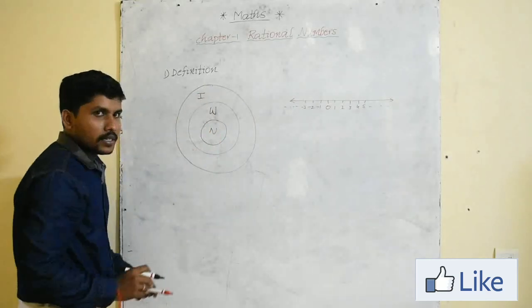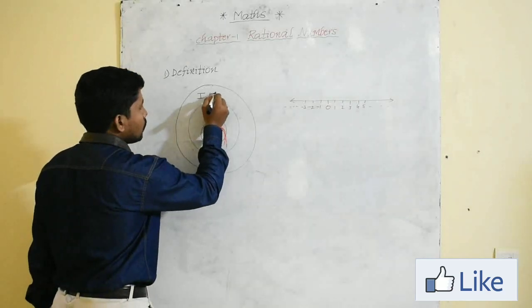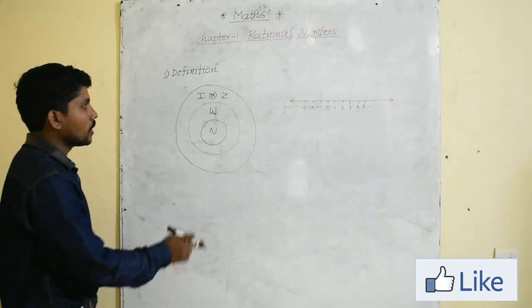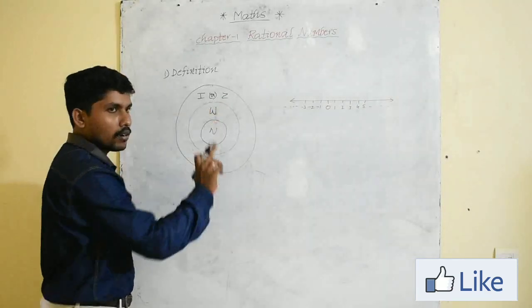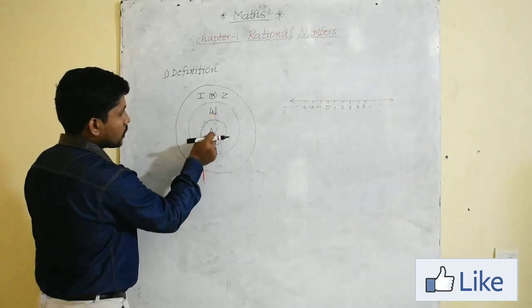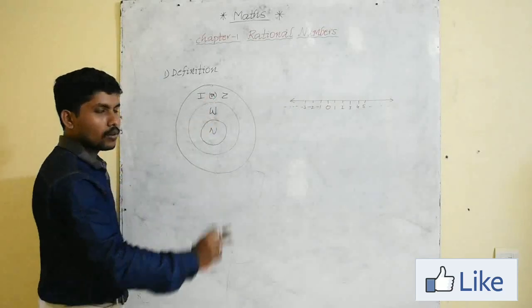Integers are denoted by capital I or else capital Z. If you observe clearly, whole numbers contain natural numbers, and integers contain whole numbers.